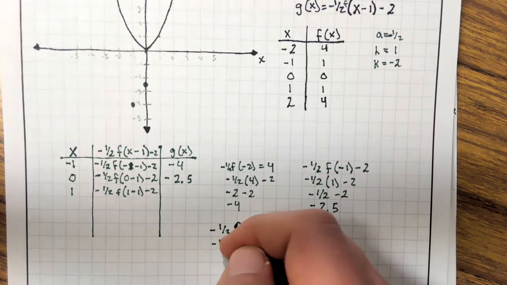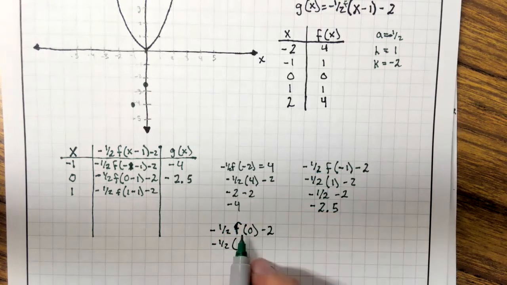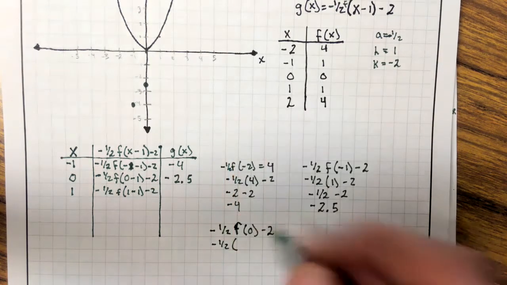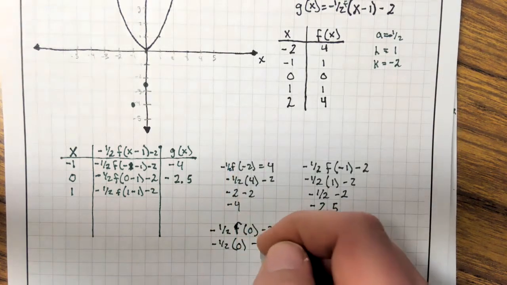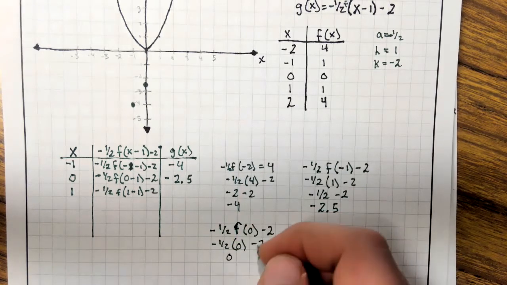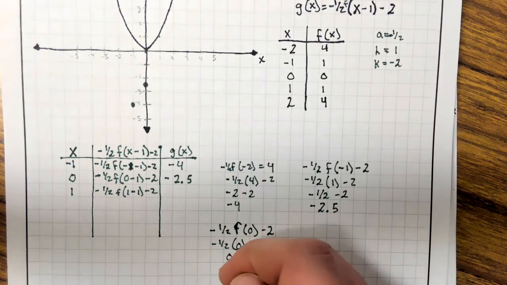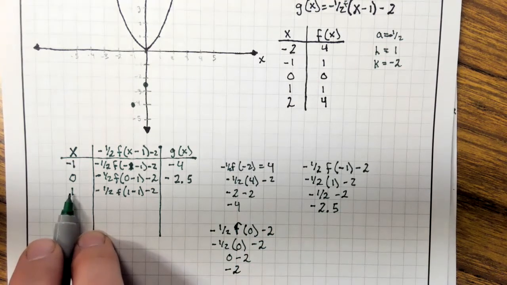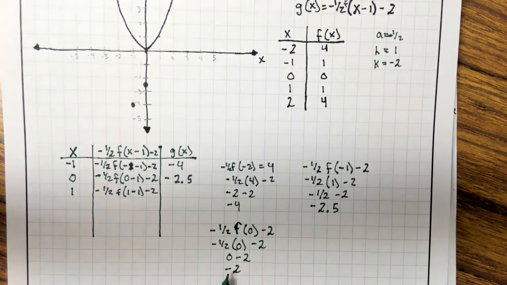So I'll do -1/2 times, hey, what is f of 0? We know what f of 0 is. f of 0 is 0. Then I have -2. So -1/2 times 0, that's going to give us 0. I still have to subtract 2, which gives us -2. So when I plugged in 1, the function spit out -2.